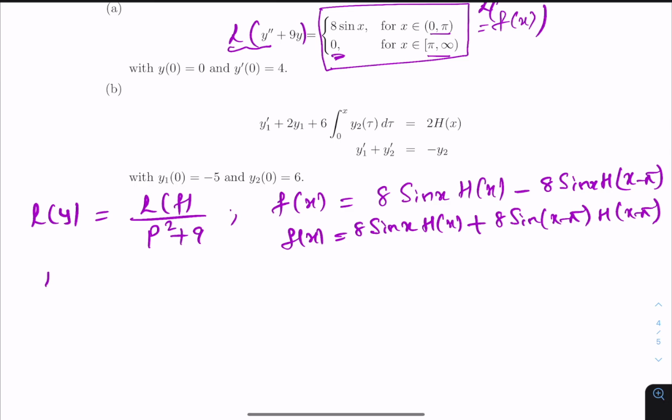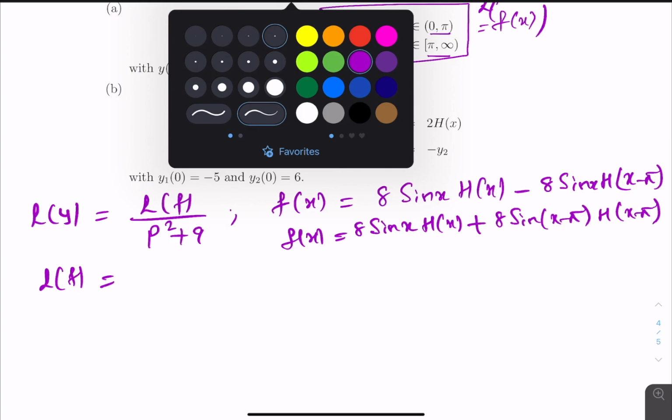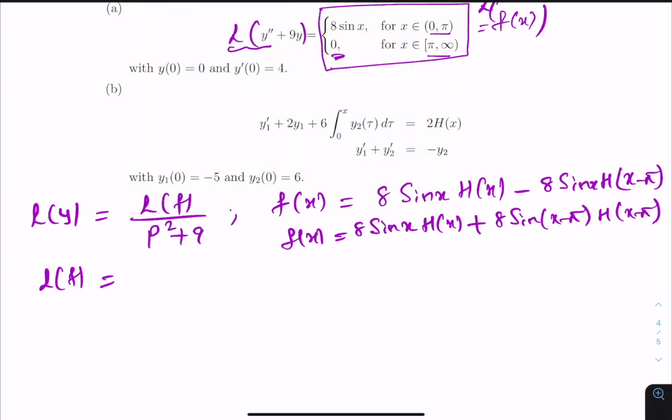If this is your f(x), what is your L f? That is Laplace transform of f, right? So we need to find that, which is precisely 8 times sin x h(x), right? So here we need to use the second shifting theorem like we did before. The second shifting theorem tells you this is exponential of minus, okay, in this case it's actually 0, so exponential 0, so it's just 1 over, and sin x, which is precisely p square plus 1, right?